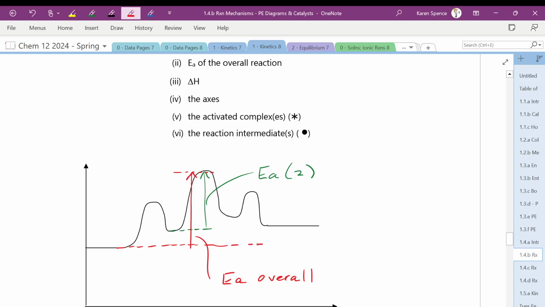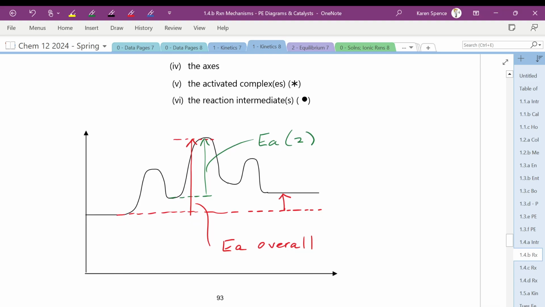Delta H, is it going up or down? Up. The axes, what goes on the y-axis? Potential energy in kilojoules per mole.